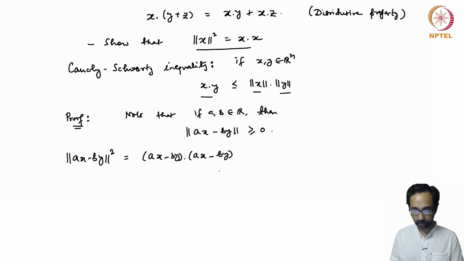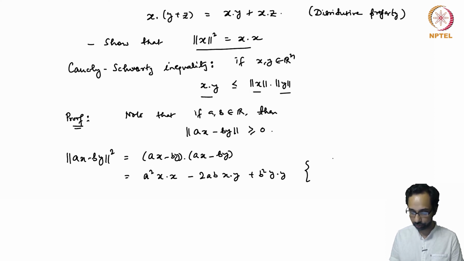If you expand this using the distributive property and also the scalar multiplication and addition property, what you get is the following expression: a² x · x - 2ab x · y + b² y · y.